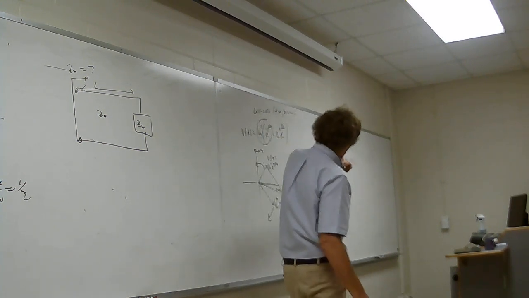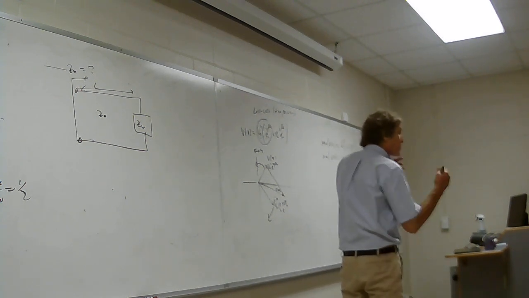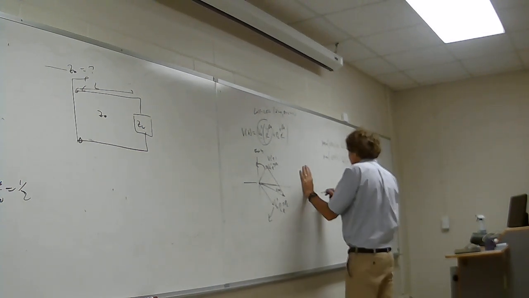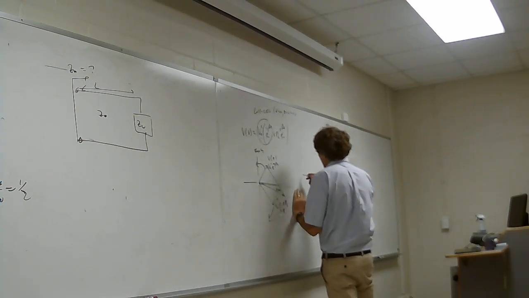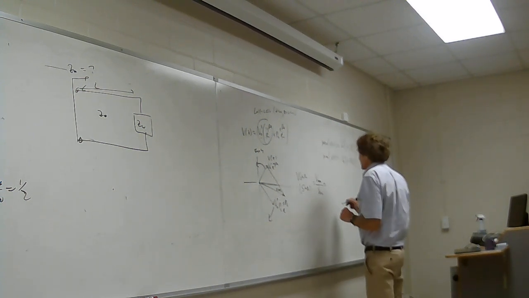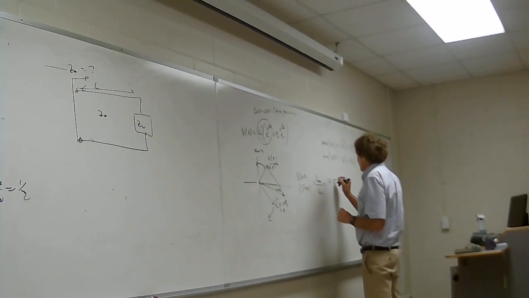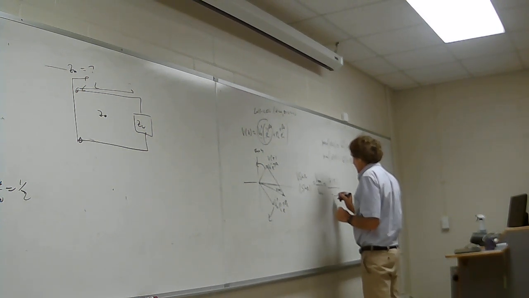So it'd be 1 minus gamma L times V0, or the ratio of V max to V min on that line. This is called the voltage standing wave ratio. Typically it's just standing wave ratio. And that is 1 plus the magnitude of gamma L over 1 minus the magnitude of gamma L.